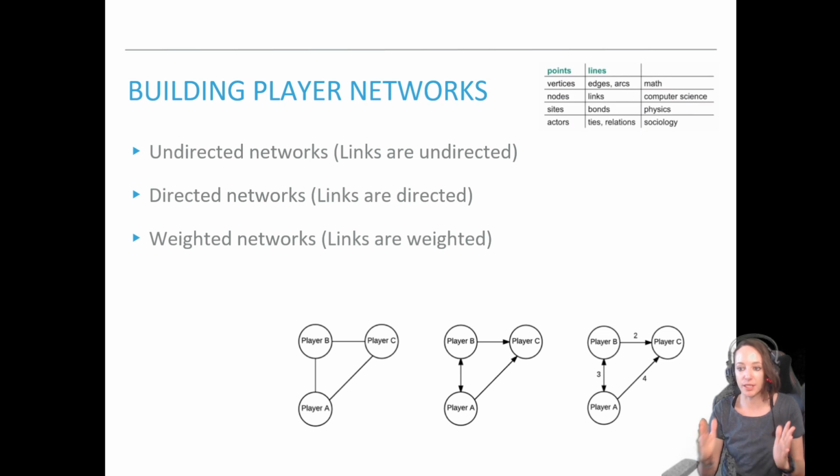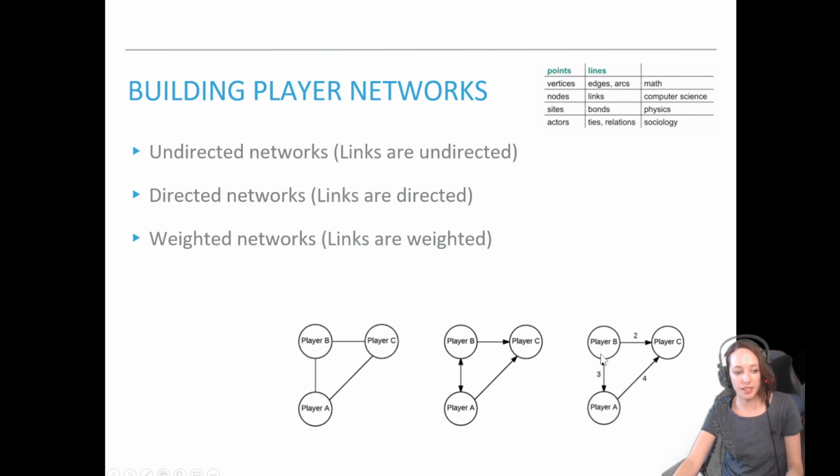If we think of games now, if two players in a multiplayer game did play against or with each other, we can build a line between them. This is a typical network based on graphs. Player A and player B played with each other. This is not directed. If we know, for instance, that player B did follow player C, but player C never followed back, then it would be a directed network, when we do have directed links.